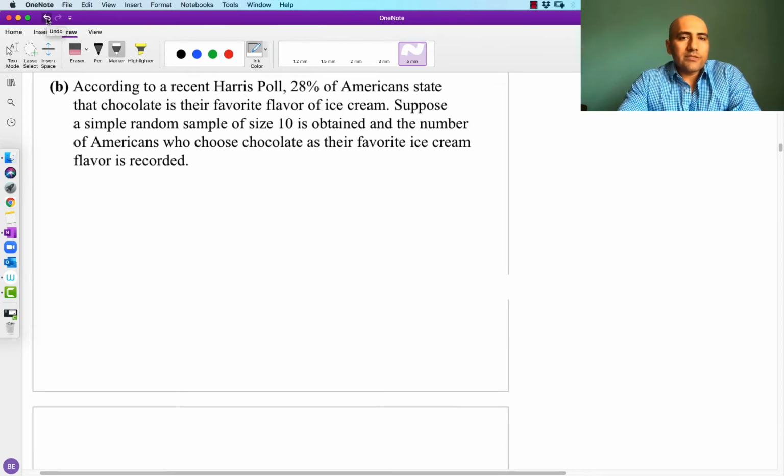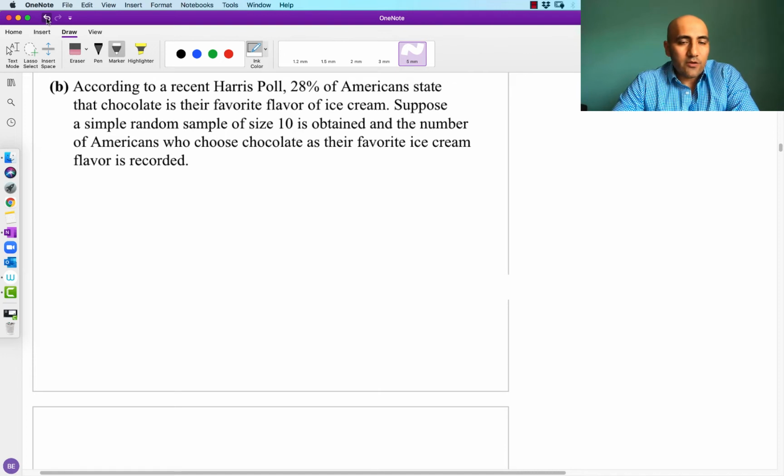Okay, according to a recent Harris poll, 28% of Americans state that chocolate is their favorite flavor of ice cream. Suppose a simple random sample of size 10 is obtained, and the number of Americans who choose chocolate as their favorite ice cream flavor is recorded. Okay, does this satisfy the conditions of a binomial experiment?